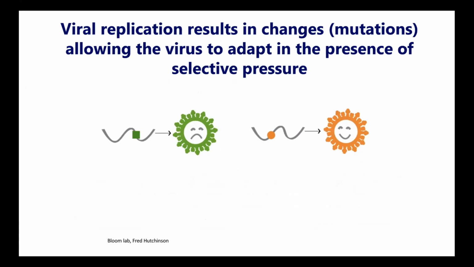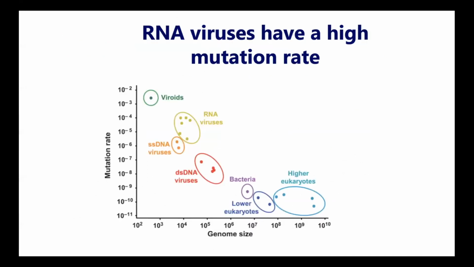So virus replication results in changes, that's mutations, allowing for the virus to adapt to the presence of selective pressure. And this is true of all life forms. There is nothing perfect about replication, whether it's viruses or humans. Errors occur because we're talking about thousands to millions of nucleotides that have to be replicated.